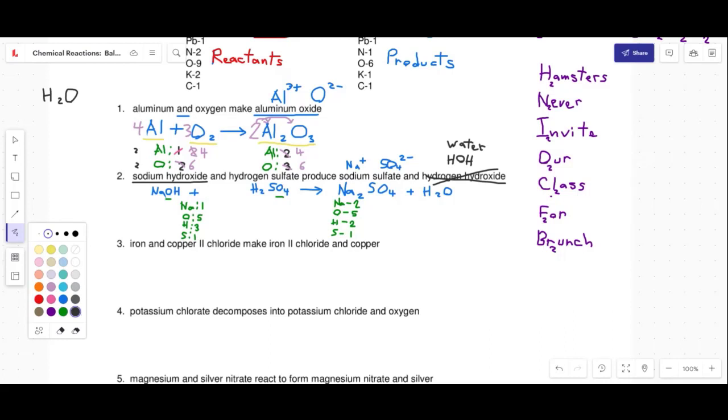Before I jump into balancing this, I want to figure out which is going to be the easiest one to balance, and I can do so by looking at the substances. Sodium appears in how many different compounds in this equation?